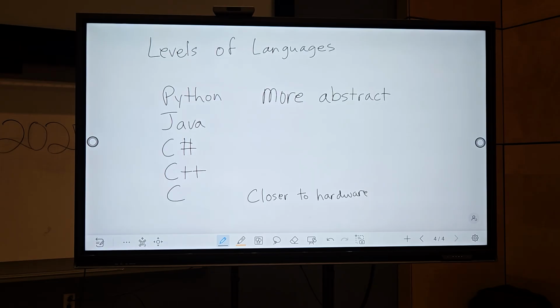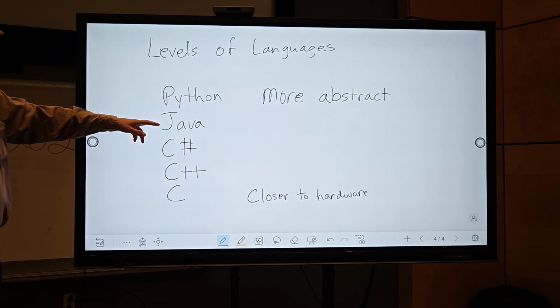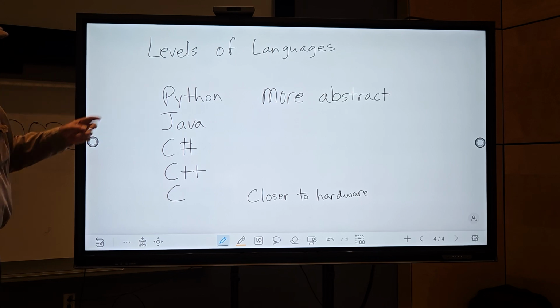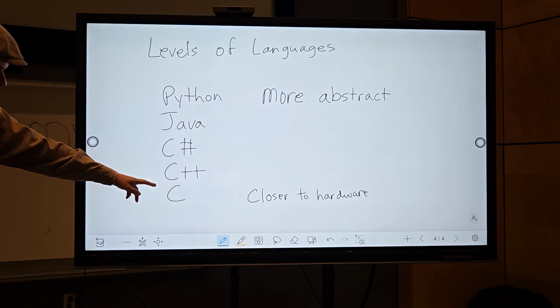Like in C and C++, you can use pointers, which are the memory addresses where the data actually lies. So it's still pretty close to the hardware. In C#, you don't have to deal with pointers. For Java, not at all, and you barely have to deal with data types in Python. These four are strictly typed.